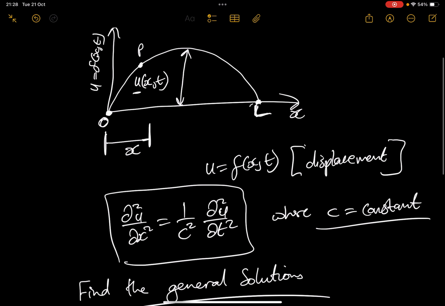So now, after writing this, we can evaluate the boundary condition, starting with the first one, where x is 0 at times t.